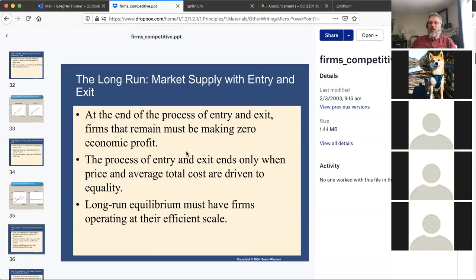So from an accounting perspective, these businesses that are earning zero economic profit are actually making an accounting profit. They're making 7% per year, which is the average rate of return or profit for businesses in the US economy over time.